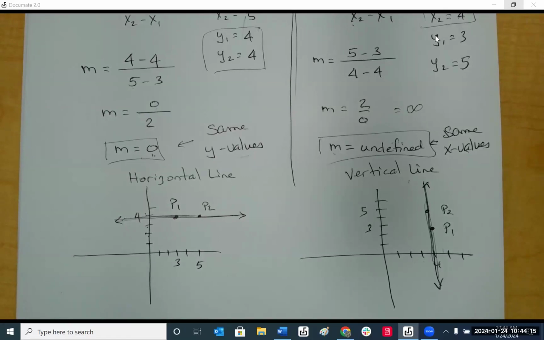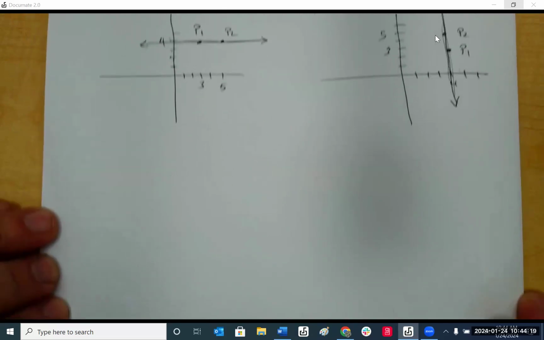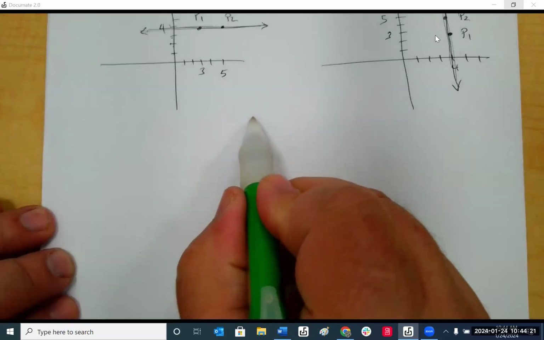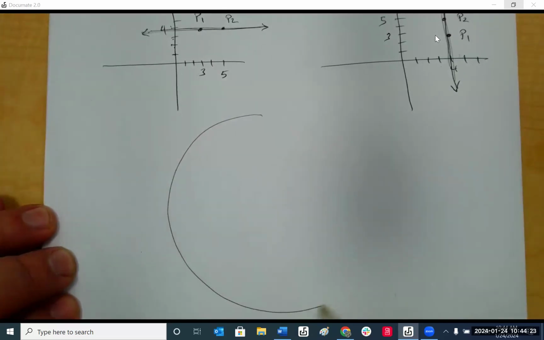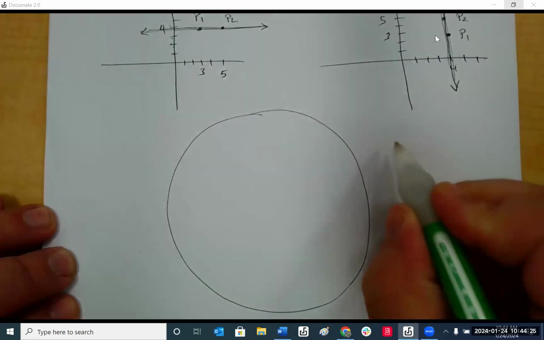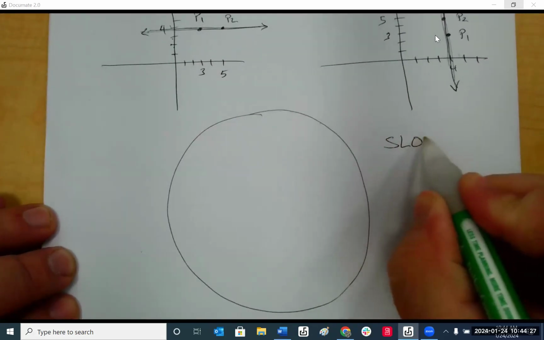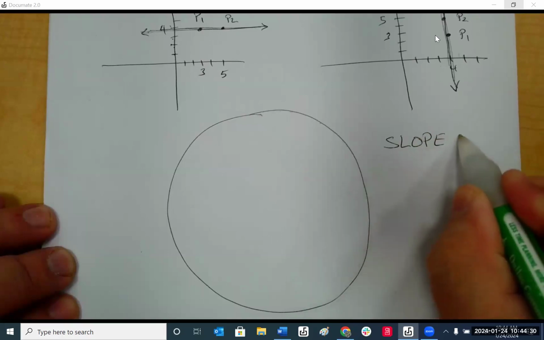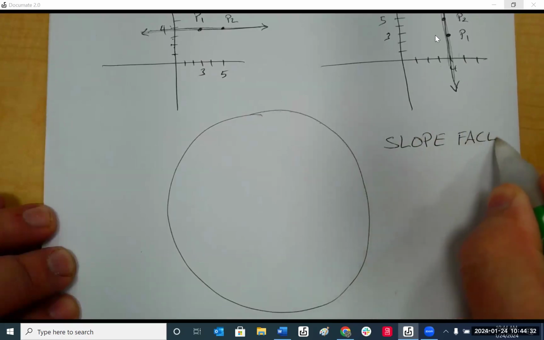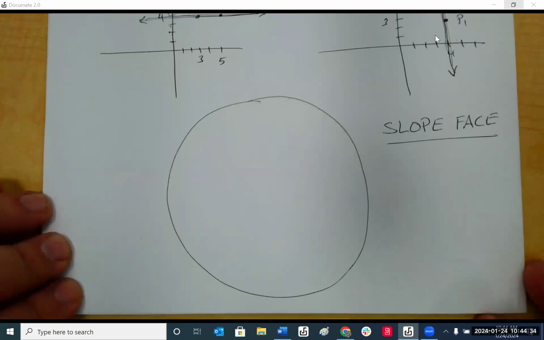Now, how do you memorize all this stuff? Slope face.